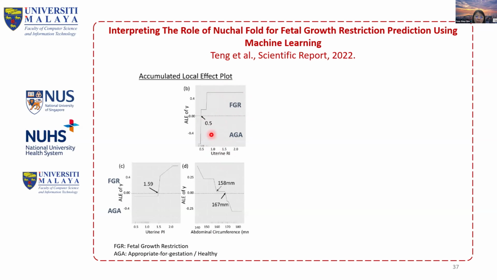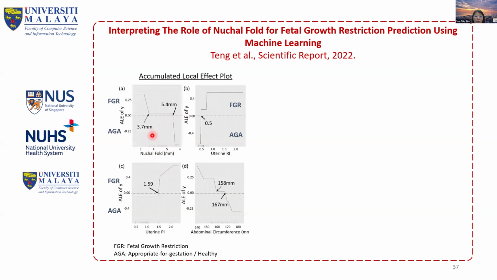If your RI is less than 0.5, then your chance of being born as a normal baby is higher. We compare these cutoff values, 0.5, 1.59, and also 167, with the clinical diagnosis guideline, and it shows that the error between the threshold values we obtain from the models and the clinical guidelines is pretty small.